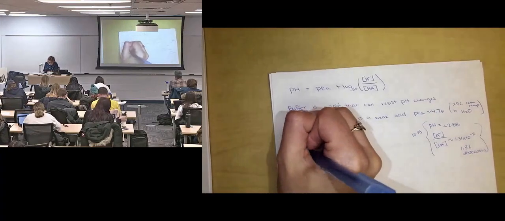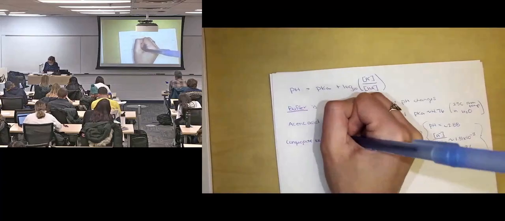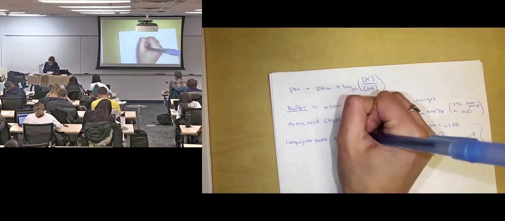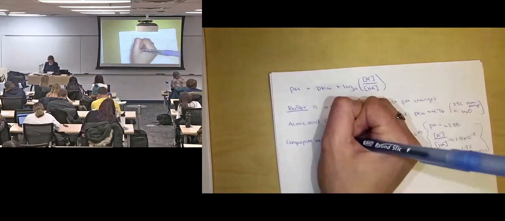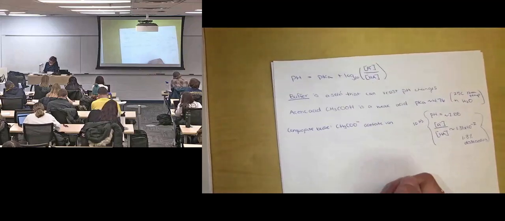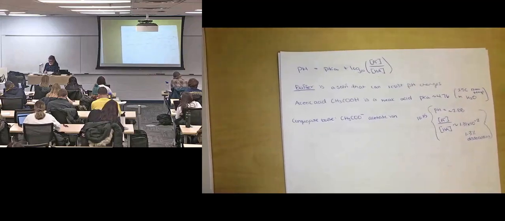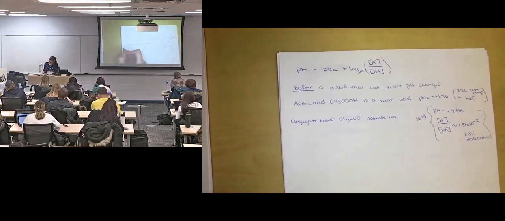So the conjugate base of my acetic acid is CH3COO minus, or my acetate ion. Okay. And so in order to get acetate ions in solution, usually I'm going to put in some sort of salt of my conjugate base.